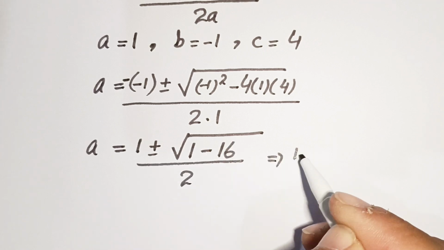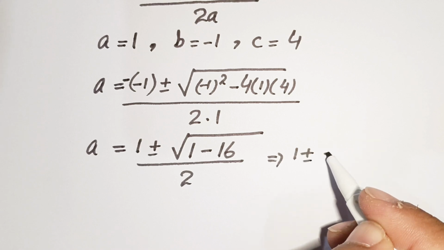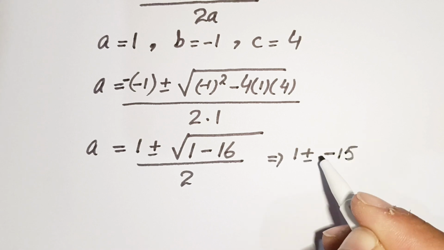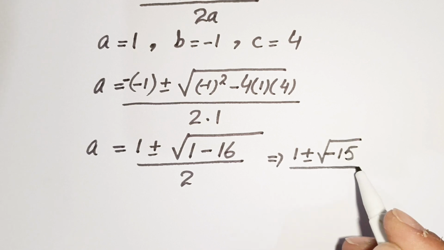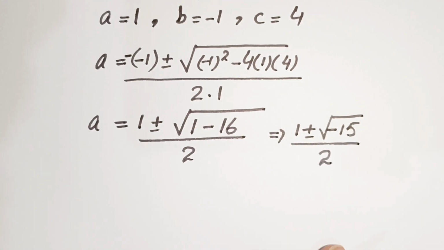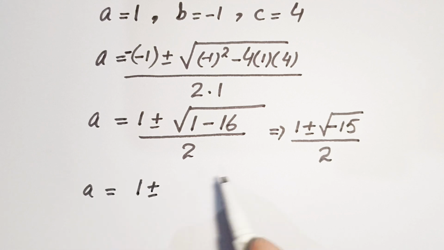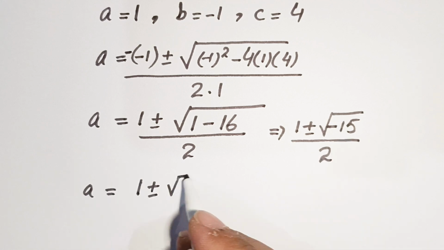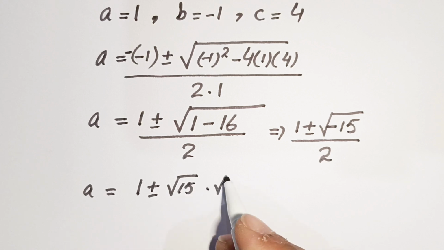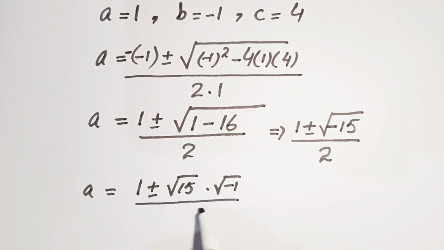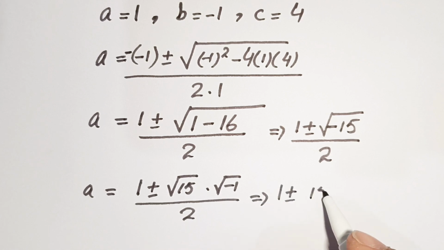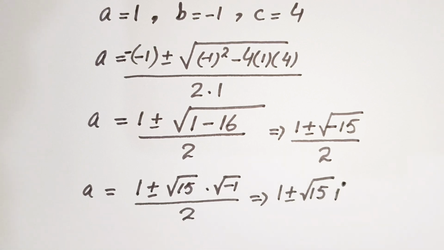So next step will be 1 plus minus the square root of minus 15 all over 2. Now a is equal to 1 plus minus, this can be written as square root of 15 times square root of minus 1 all over 2, and here the square root of minus 1 is equal to iota i, all over 2.